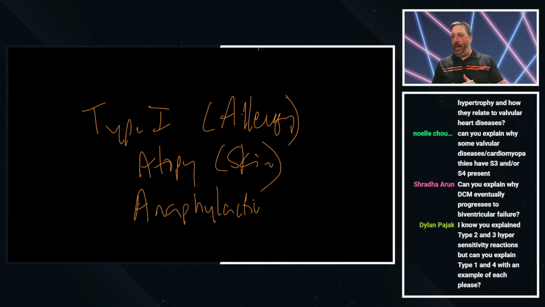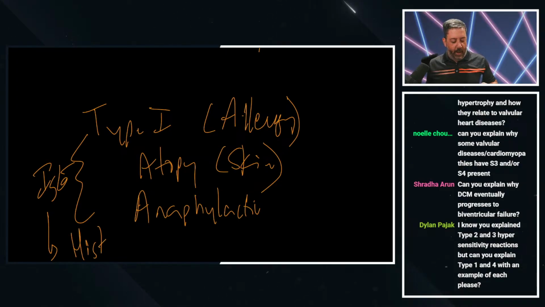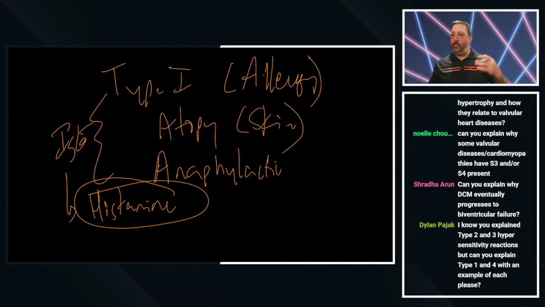That's where you get angioedema going on. This mainly is due to, remember, IgE and caused by histamine. Histamine gets dumped to the system. You get vasodilation, leaky capillaries, and you get swelling going on with all that.